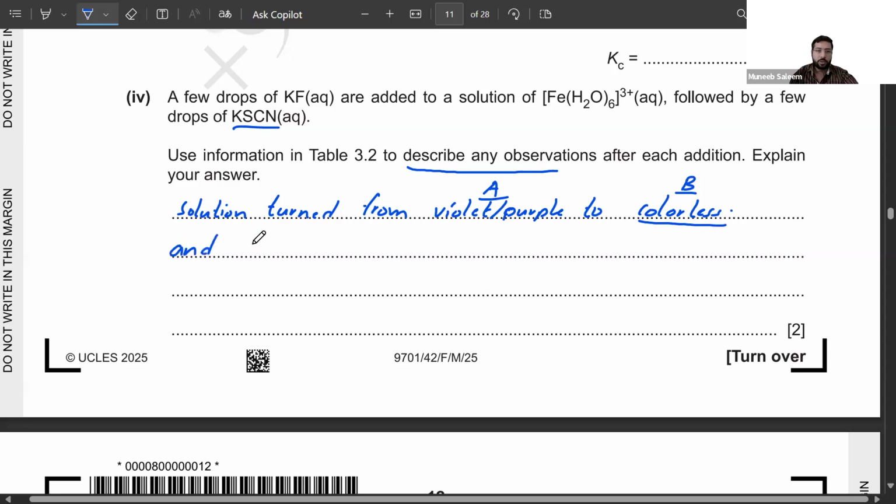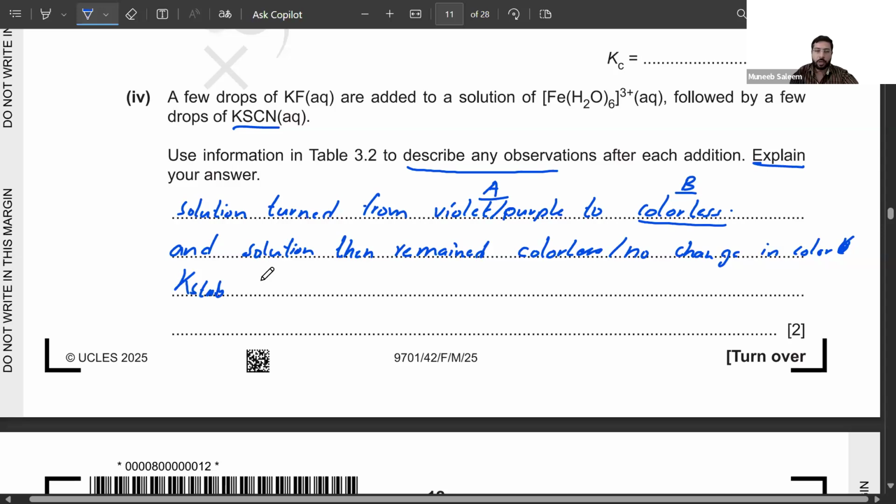So I'll write: and the solution then remained colorless, or there was no change in color because we did not get complex C. Now we have to explain the reason. We can say that the K stab, now you do not need to write A or B or C here.